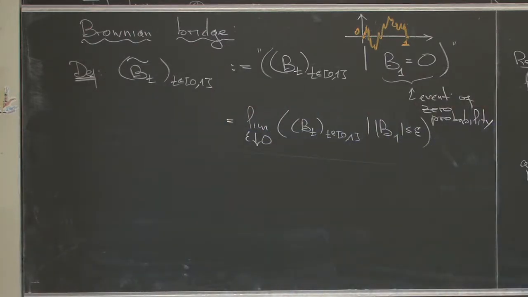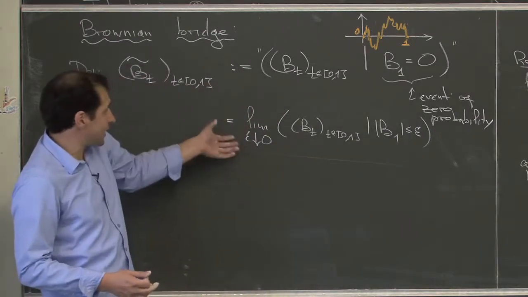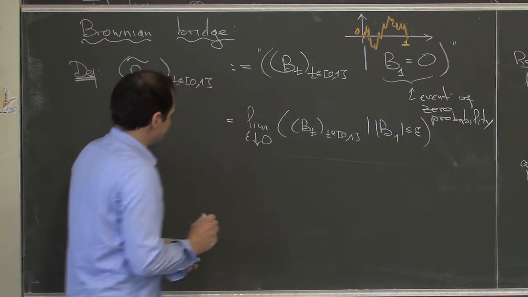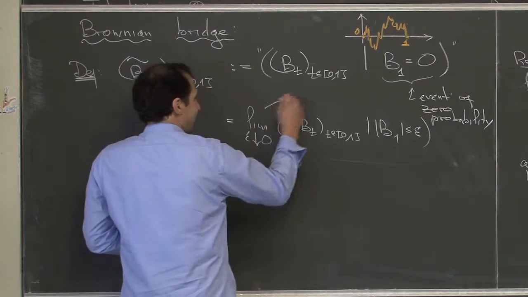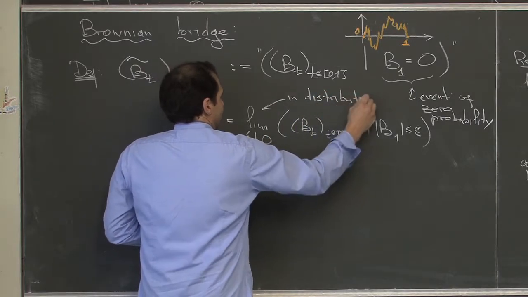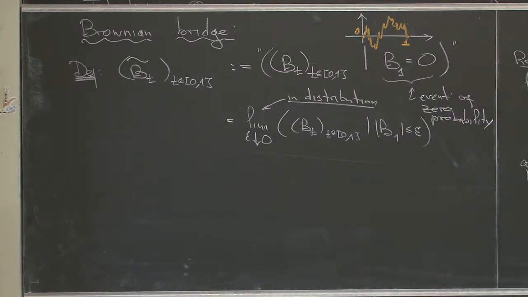I can condition on it. Then I have some probability distribution, some probability measure on the space of paths. And then I can wonder if there is a limit in distribution.